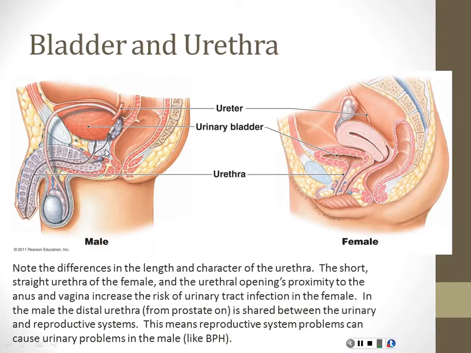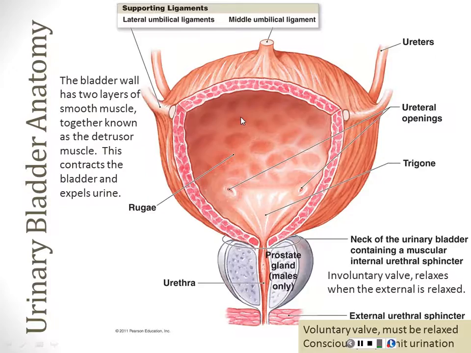Now, the jury is still out on whether that's true, but it certainly is the case that the older the male, the higher the risk of prostatic cancer. It's not a particularly aggressive cancer, but because it's so common, it does result in many deaths every year. All right? So those are some differences in the two systems.